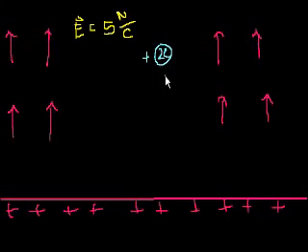How much work does it take to move that 2 coulomb charge, I don't know, 3 meters within this field? How much work? So we're going to start here and we're going to move it down towards the plate 3 meters, and its ending position is going to be right here.